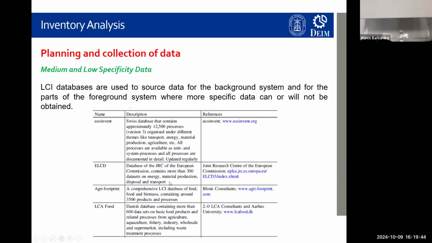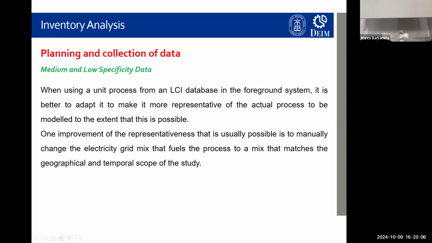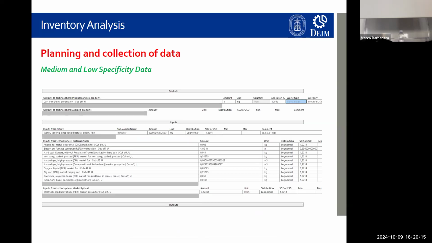But also here you can see other important databases, always for the European context, as for example, AgriFootprint, that is a complete database for feed, food, and biomass products, or other. I repeat, you can find other kinds of databases. I think that here there is no very interesting consideration. We can skip this slide.